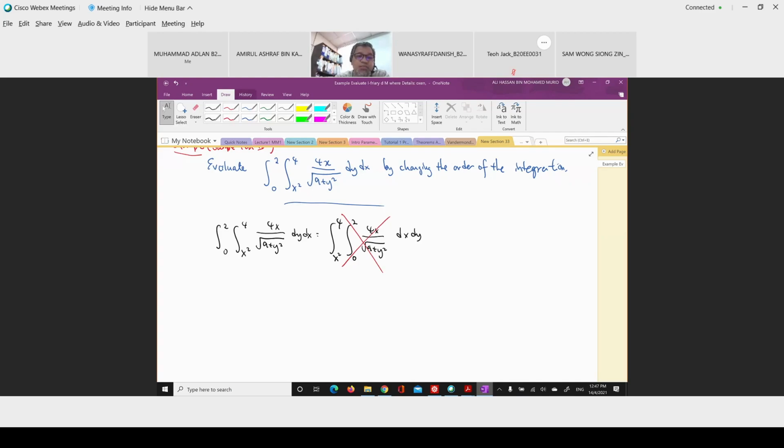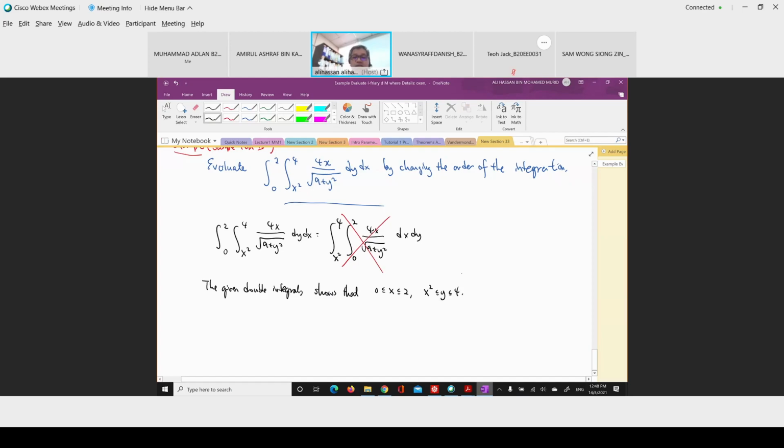Okay, the given double integral shows what the limits for x and y are: x is between 0 and 2, and y is between x squared and 4.